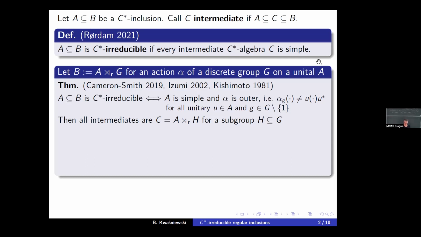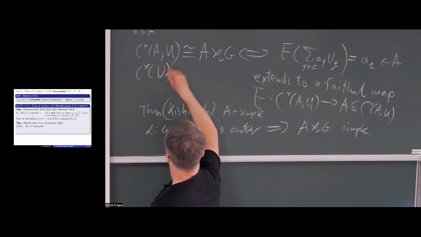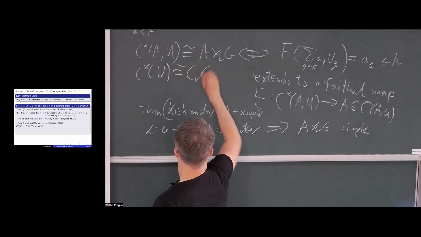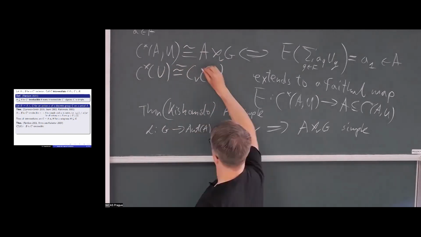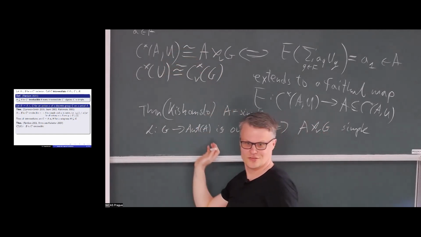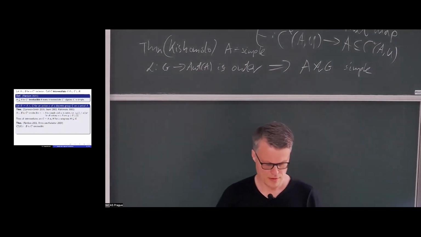And these are the kind of inclusions that I want to consider, but just to give you a more complete picture, let's also consider that not only does this algebra A sit in here, but also we have this unitary representation, and the C*-algebra generated by this unitary representation is isomorphic to what we call the reduced group C*-algebra. So this C*-algebra also sits in this reduced cross product because this action is discrete and unital.